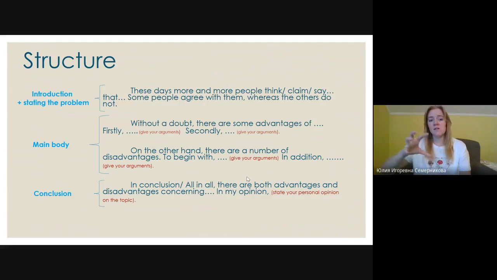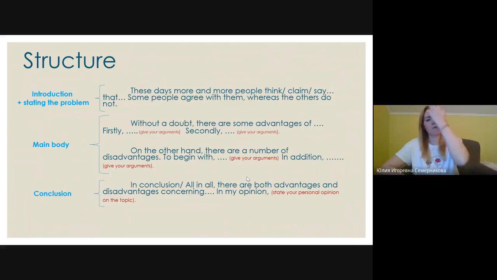This is another way how the structure looks. Introduction plus stating the problem. You can use these phrases and words to write your own essay. I believe they will be quite useful, so you can just learn them by heart. For example, these days, more and more people think, claim, say, any other synonyms, that, and you give us the name of the topic.